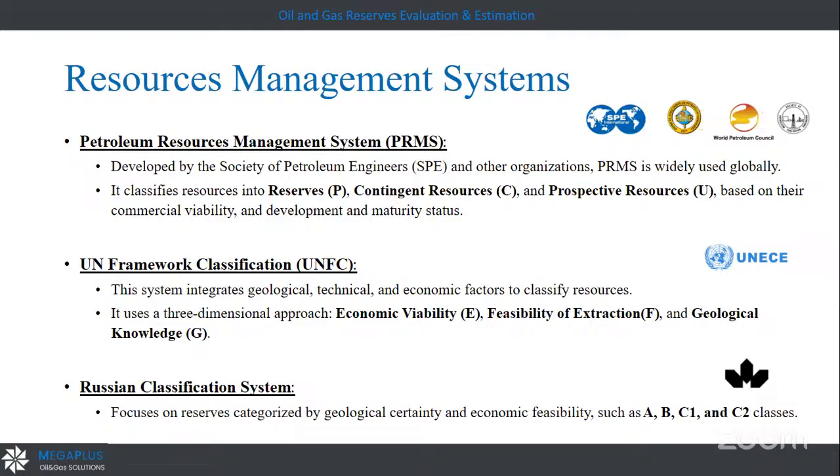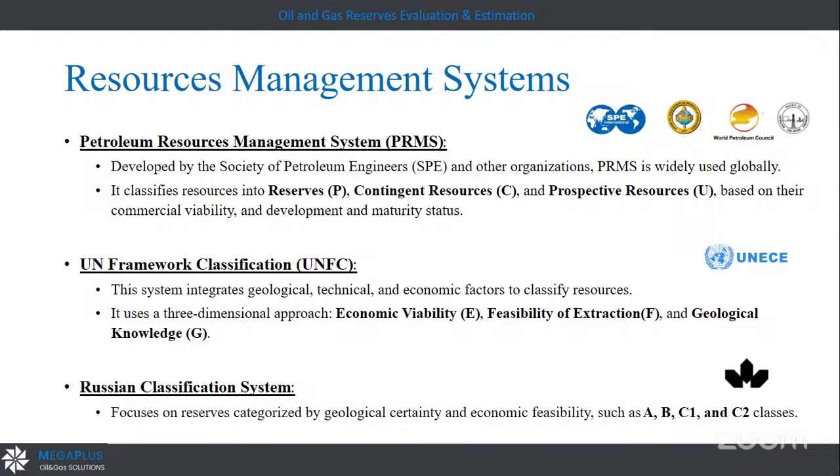We have many resource management systems, but there is a very popular one that the whole world works with. I think it's called the PRMS, the Petroleum Resources Management System. They classify and categorize the reserves as P for reserves, contingent resources as C, or prospective resources with the abbreviation U. We will see the differences between them in later slides.